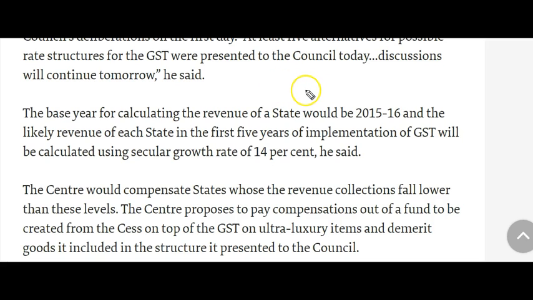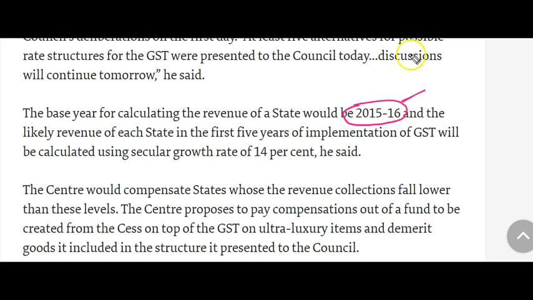If goods and services tax is implemented, some states will get loss in their total revenue and some states will gain. Revenue of some states will increase, revenue of some states will decrease. So the center has to compensate the states which are facing the revenue loss. For that, the center has to calculate the revenue of the state. For that, the base year will be 2015-16.